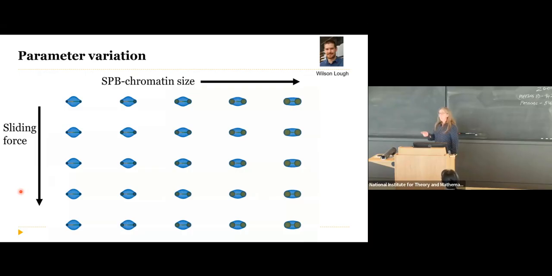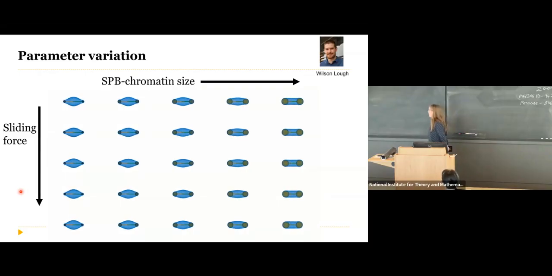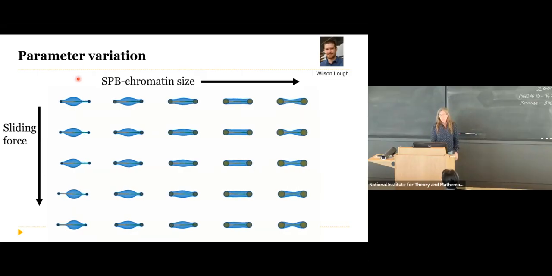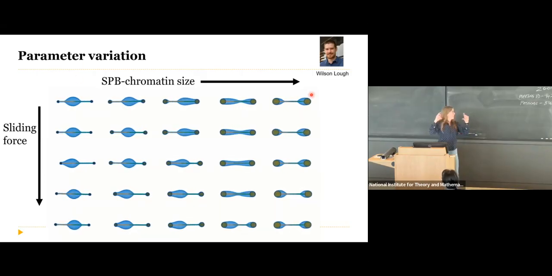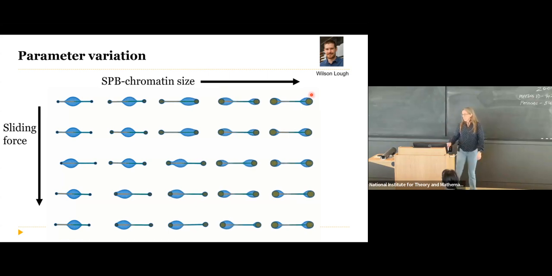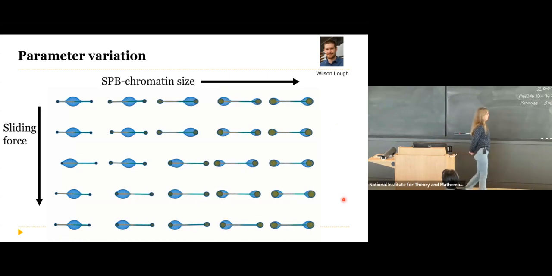Let me show you an example of playing a little with parameter variation in the model. This is a grid of simulations where as you move to the right, the size of the SPB chromatin complex gets bigger, and as you move down, the sliding force from motors gets bigger. As you vary these parameters, the nature of the distortion and how symmetric it is changes.